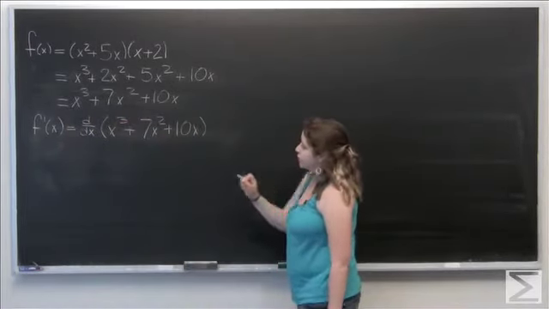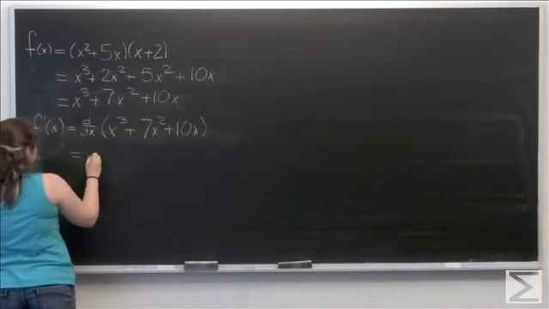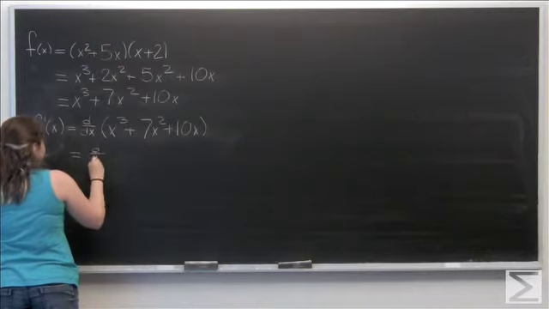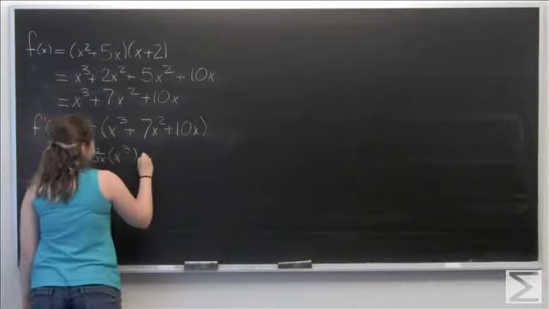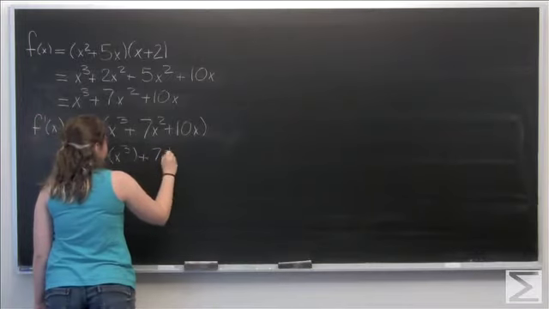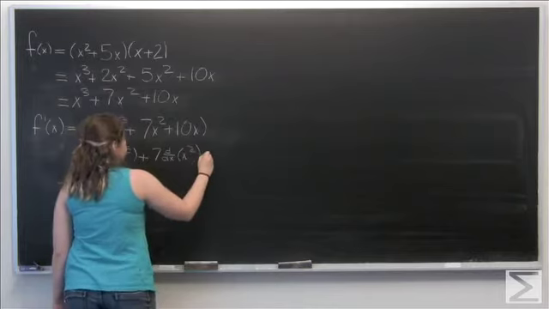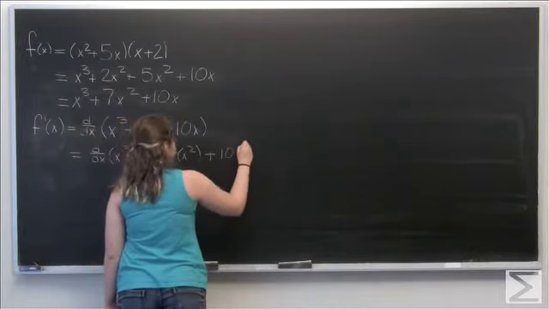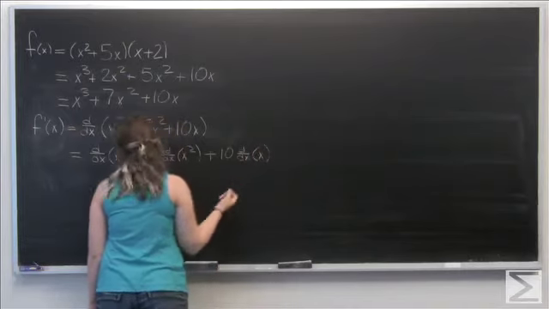So now I want to take the derivatives of each of these terms. I'm going to pull out the constants if I can. So we have d dx of x cubed plus 7 times d dx of x squared plus 10 times d dx of x.